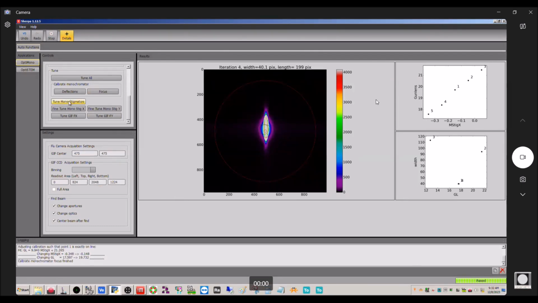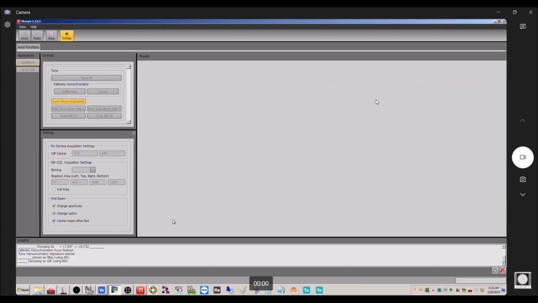So this provides like a base tuning for the monochromator stigmators, and then we'll do some fine tuning after that.